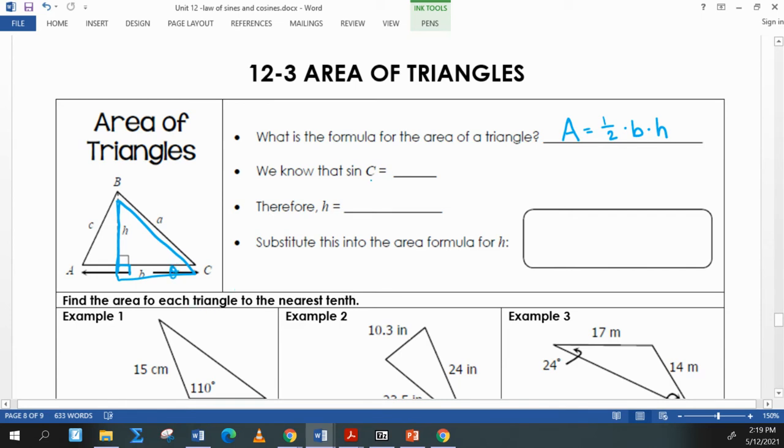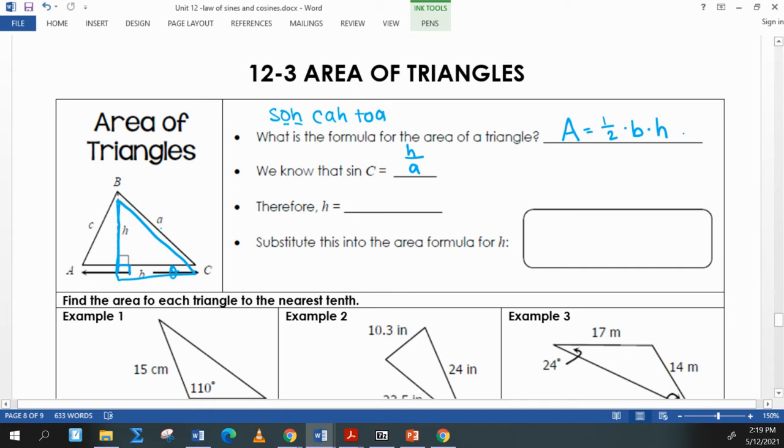So if we're trying to find the sine of angle C, remember the sine is in our SOHCAHTOA. So the sine here is the opposite of angle C over the hypotenuse. So in this triangle, the opposite side is going to be this H over my hypotenuse, which, across from the right angle in this triangle, is going to be A. All right.